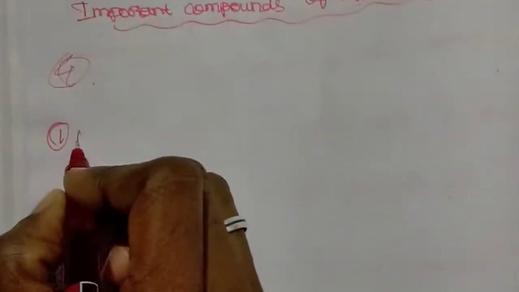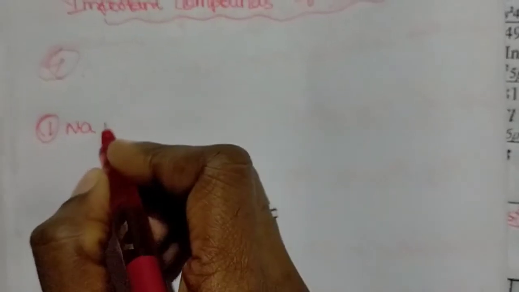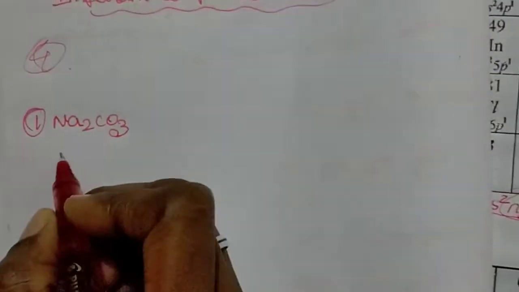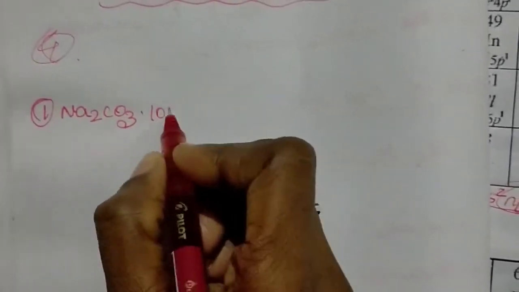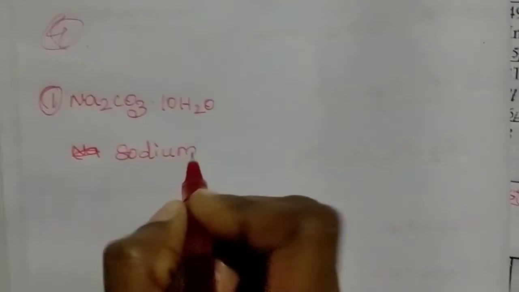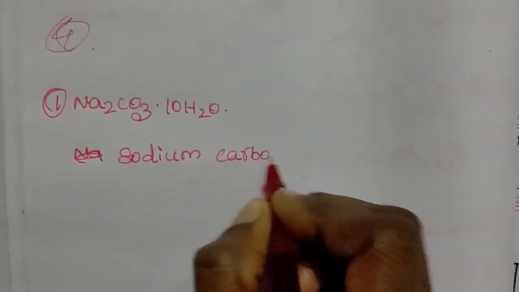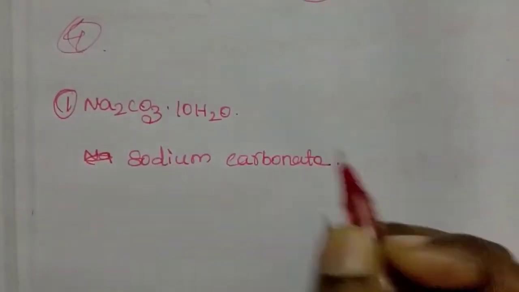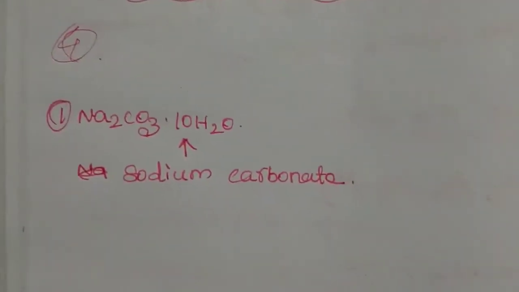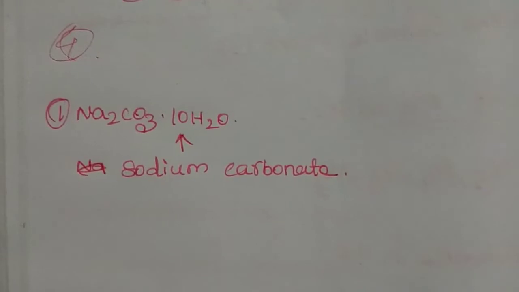So sodium carbonate, the first compound. This is the formula of sodium carbonate, Na2CO3·10H2O.